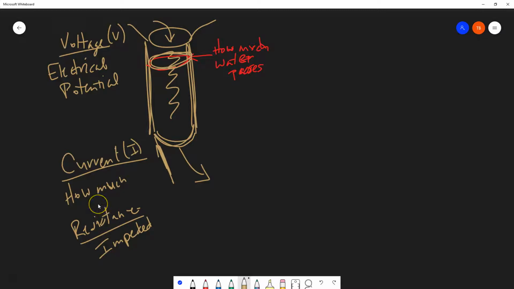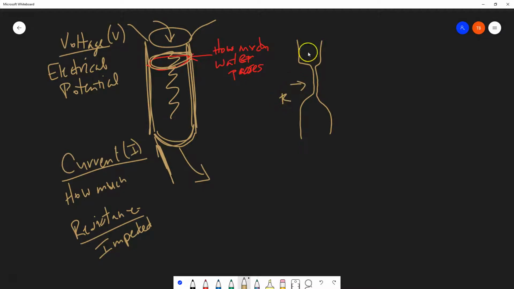Resistance is the slowing down or the impeding of the flow. So if we replace this tube with a tube that gets very narrow in the middle, this is our point of resistance.